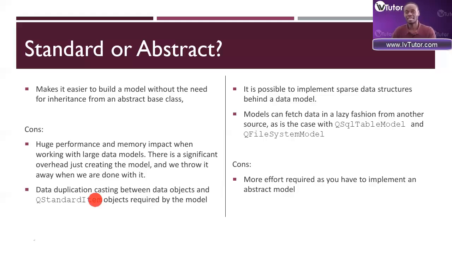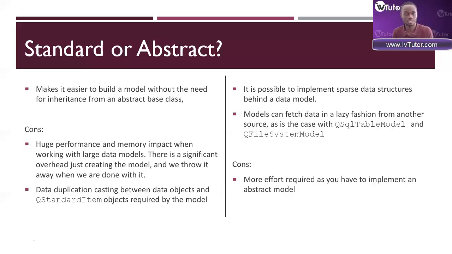If your application is using, let's say, QActions, you cannot put QActions in a QStandardItemModel. You have to copy that data and then create an instance of a QStandardItem so that you can put that data in the model, which is duplication. So it can result in data duplication when you have to cast between your data objects and QStandardItems.